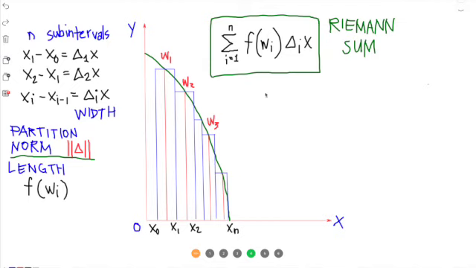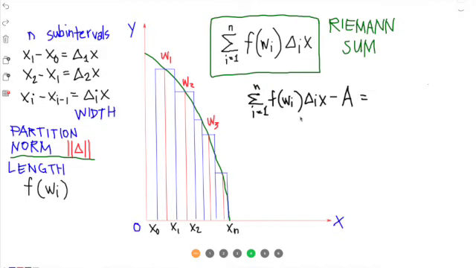So if our Riemann sum is maybe more than our area, minus A, we want the difference to be as small as possible, or as much as possible equal to 0, in order to approximate the area bounded by this curve.